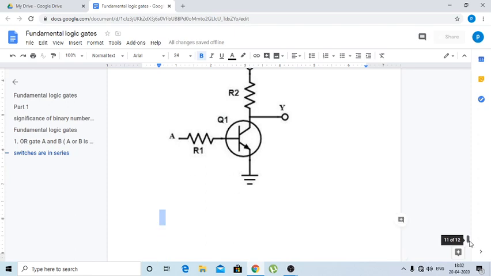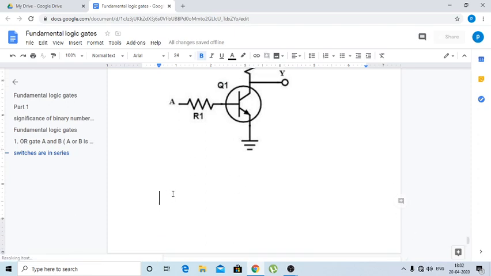So, how does it work? Suppose if you give A equals 0, then you will have output equals 1.